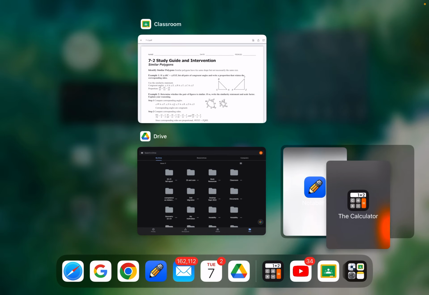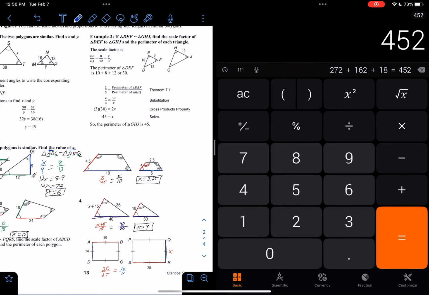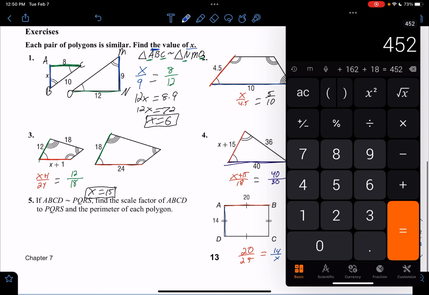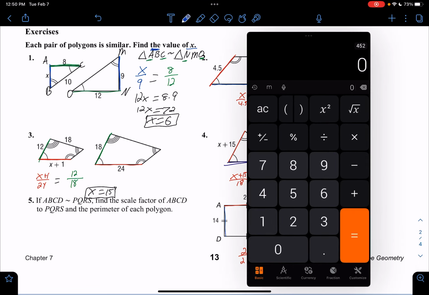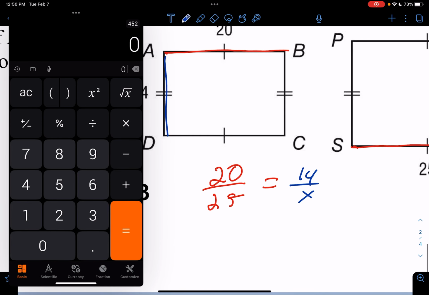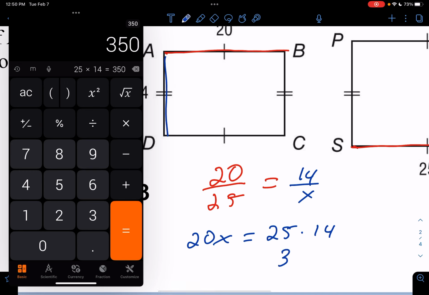So 25 times 14 equals 350. This equals 20x, right?